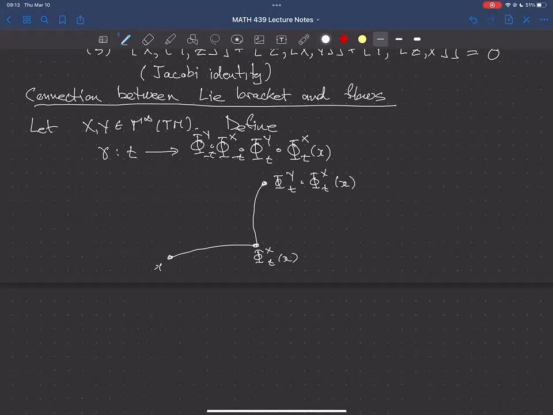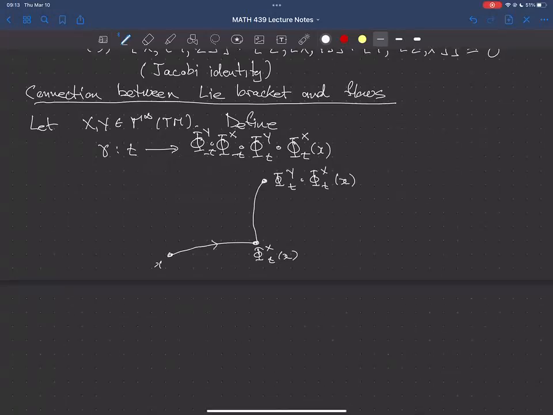Then, like I said, I now go backwards. Maybe I'll draw arrows on here just to clarify which direction I'm going. So I go backwards, like so. The change in direction of the arrow corresponds to the minus t. This point will be phi X minus t composed with phi Y t composed with phi X t at x.